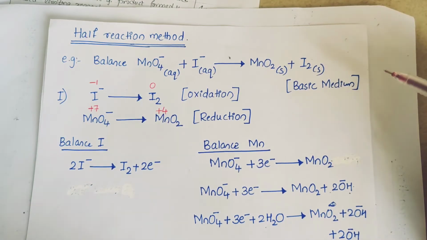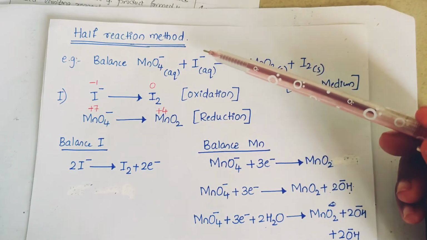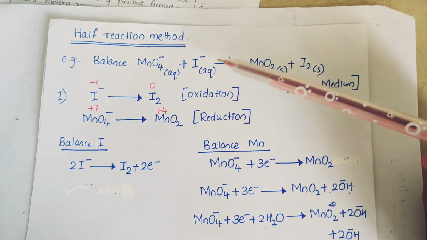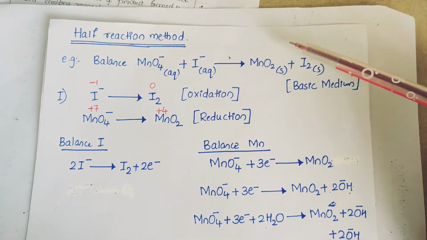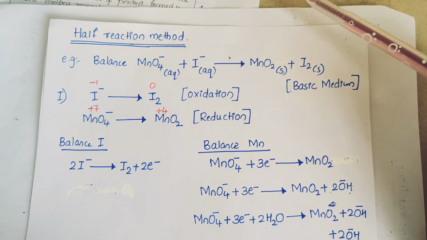Now let us look into the second method of balancing the reaction, that is the half reaction method. So in this method you are supposed to write down the equation first, then find out which element is undergoing oxidation and which is undergoing reduction.